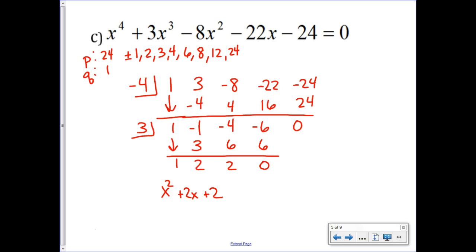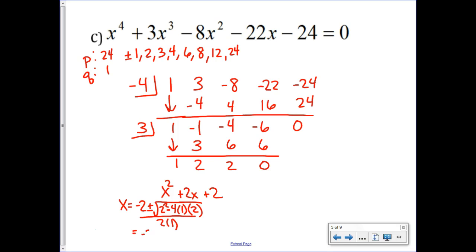So, let's find out. I need something that multiplies to 2 and adds to 2. I can't think of anything that would do that. I'm going to go quadratic formula here. So x equals the opposite of b plus or minus the square root of b squared minus 4 times 1 times 2, all over 2 times 1.